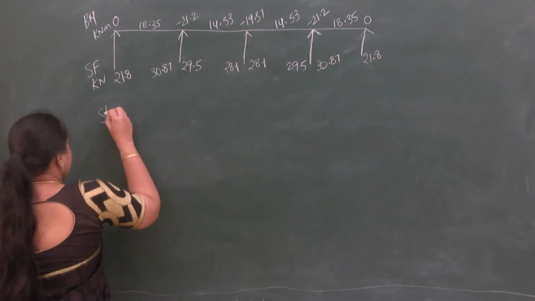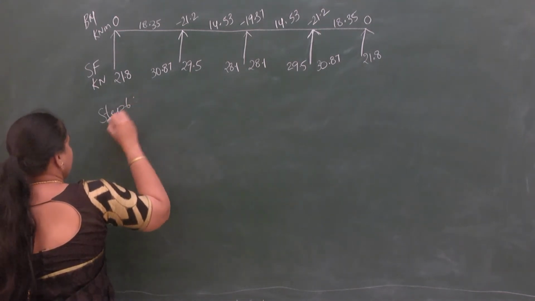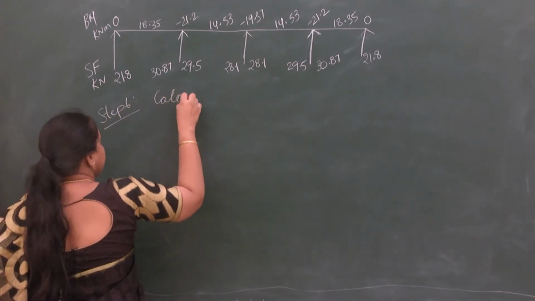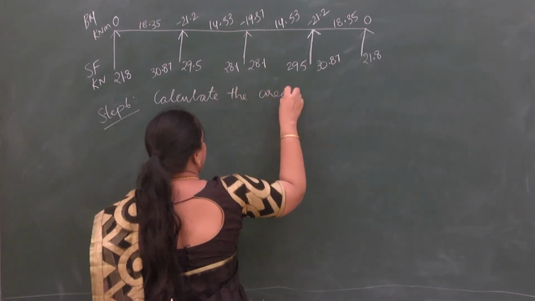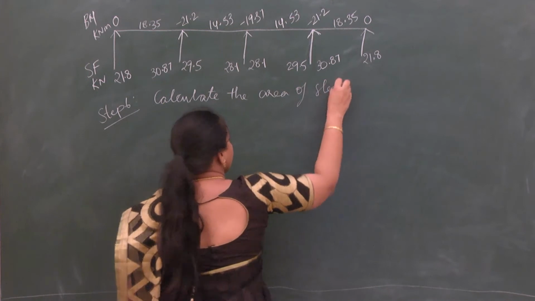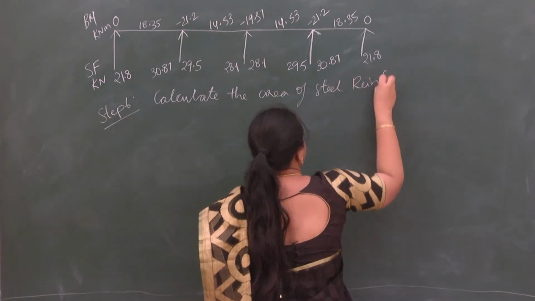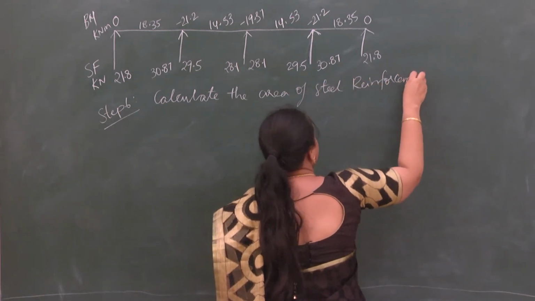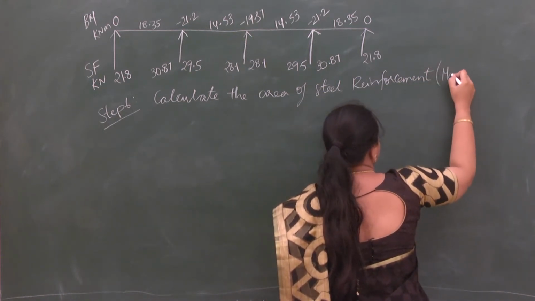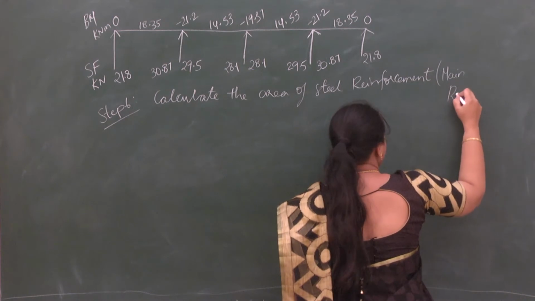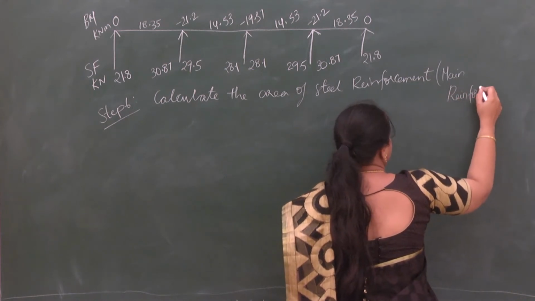Now the next step is to calculate the area of steel reinforcement. So first here let us calculate the area of steel for the main reinforcement.